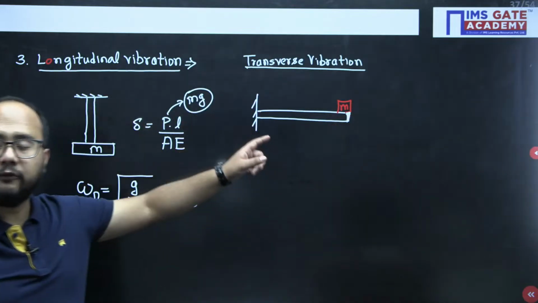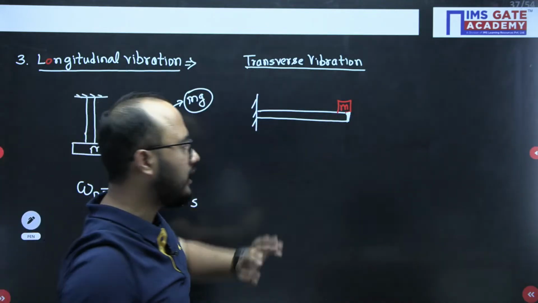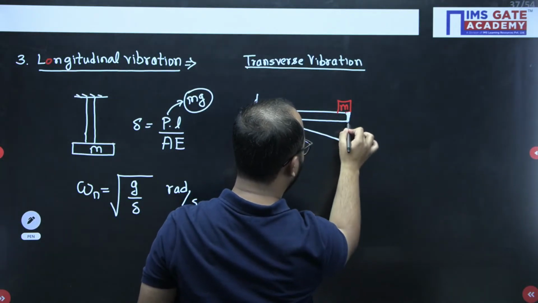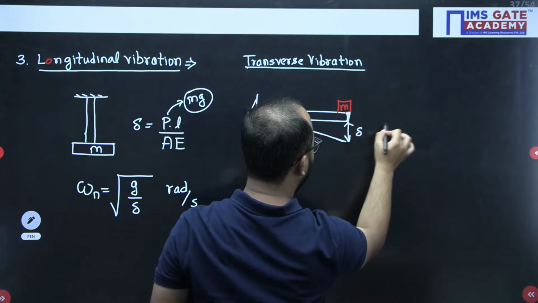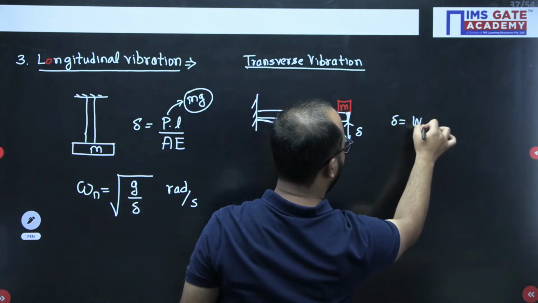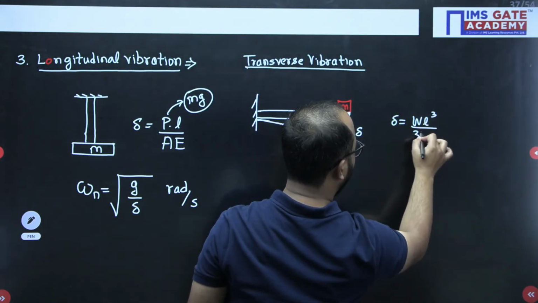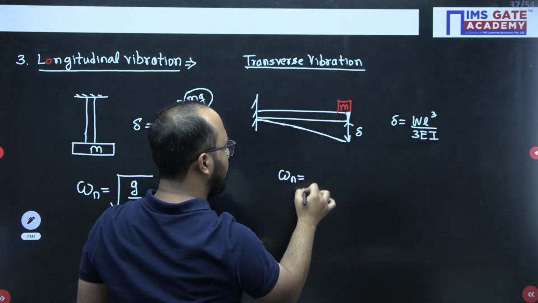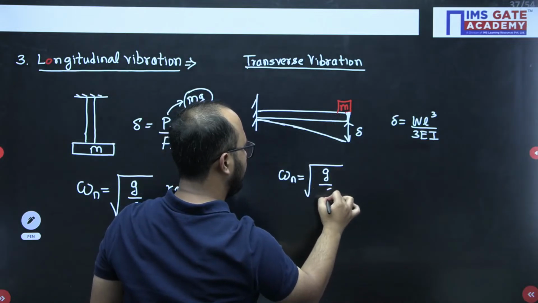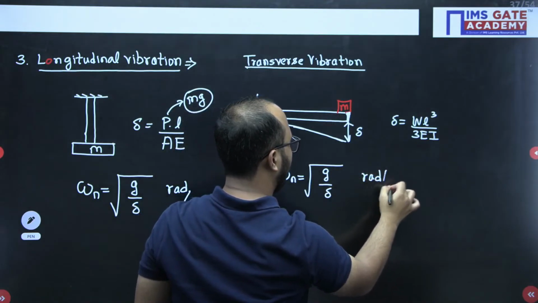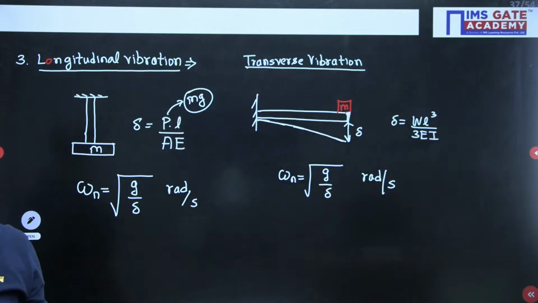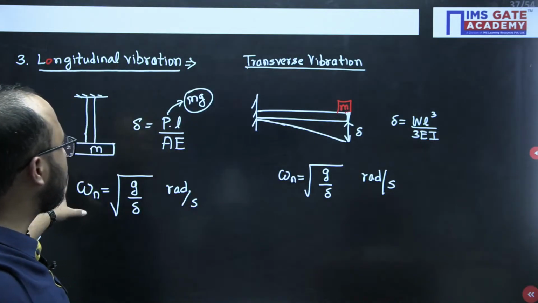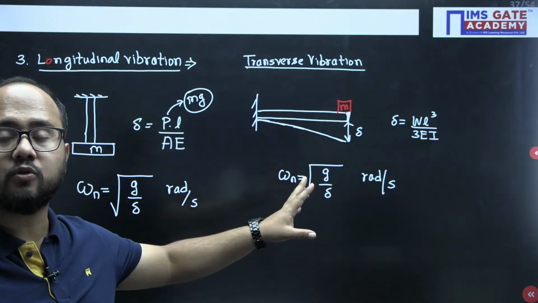Obviously, if you have kept a point mass at the free end, you will have some static deflection. That static deflection formula you will get from strength of materials: WL cube by 3EI. Again, natural frequency you will calculate using root g by delta, in radian per second. Clear everyone? These two, longitudinal vibration and transverse vibration, are very important here.